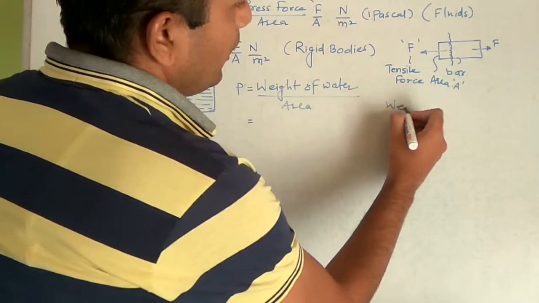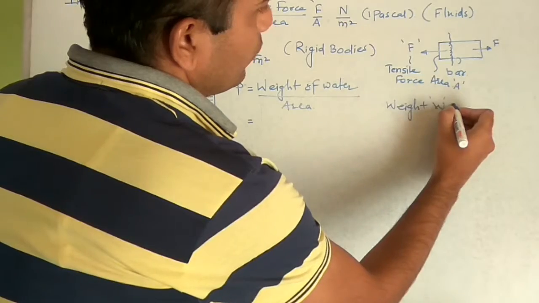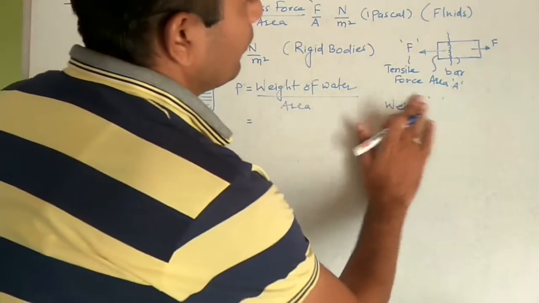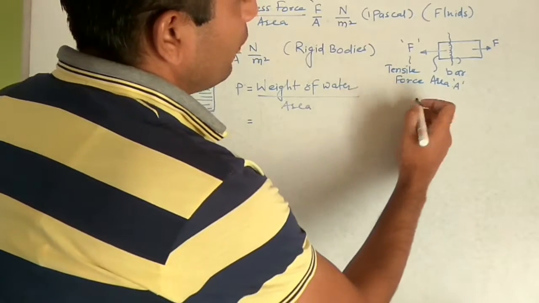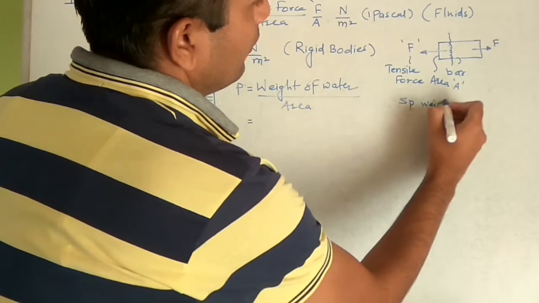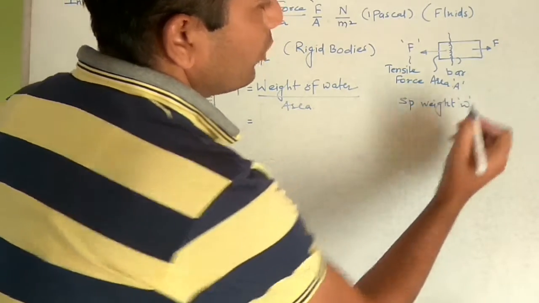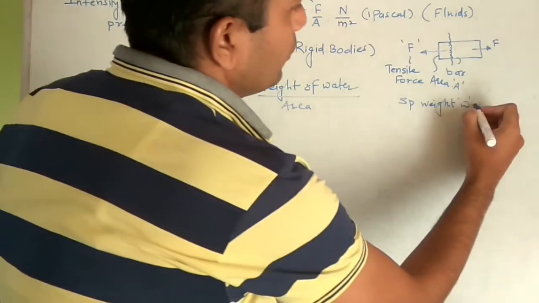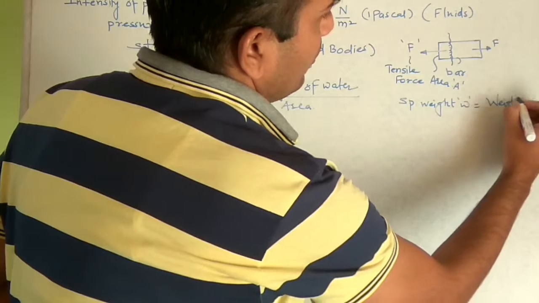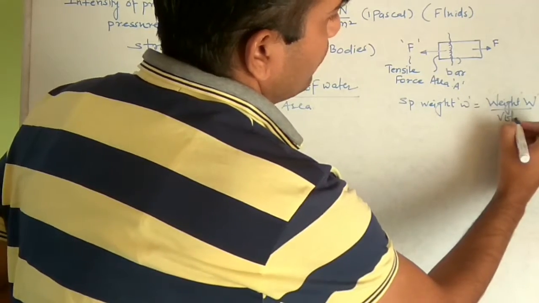So there is one formula, that is specific weight, denoted by small w, is equal to weight, capital W, divided by volume.